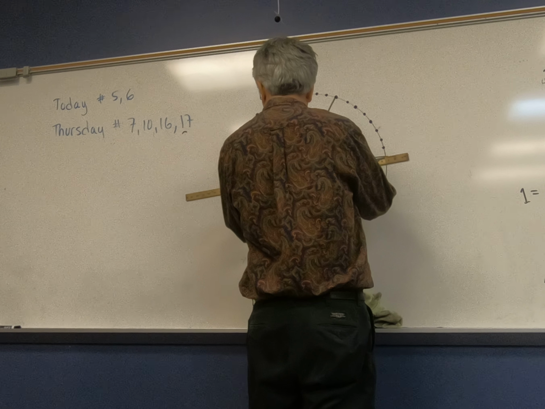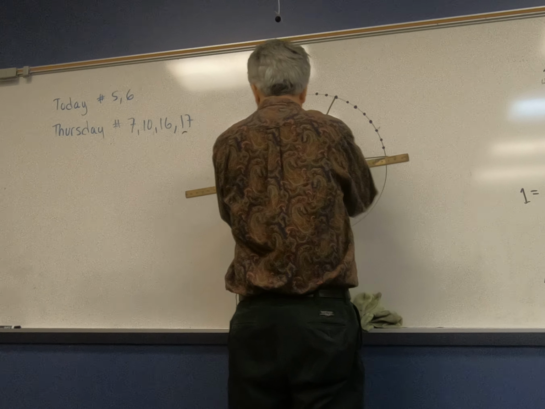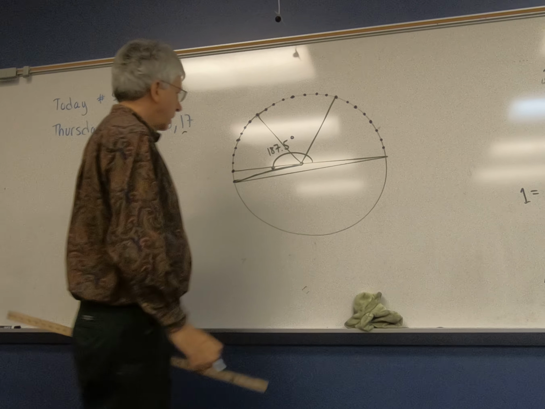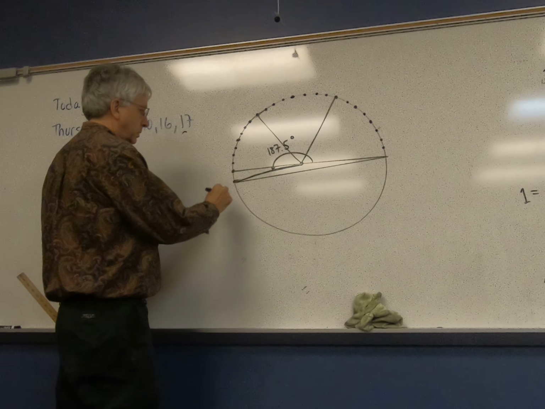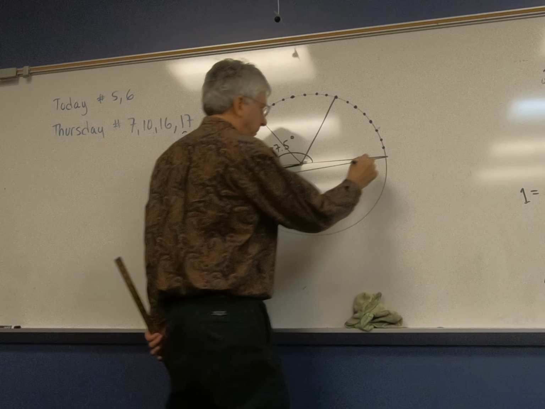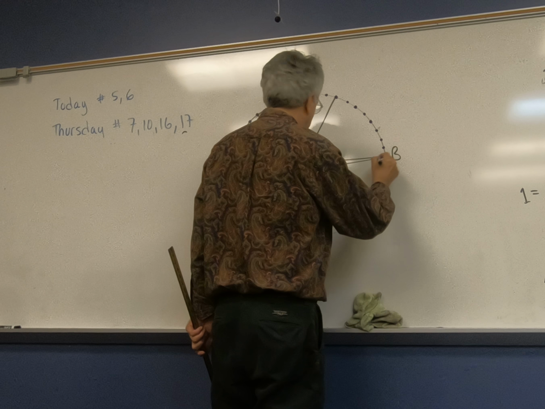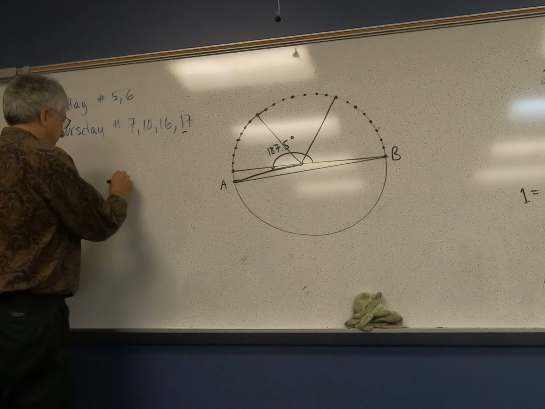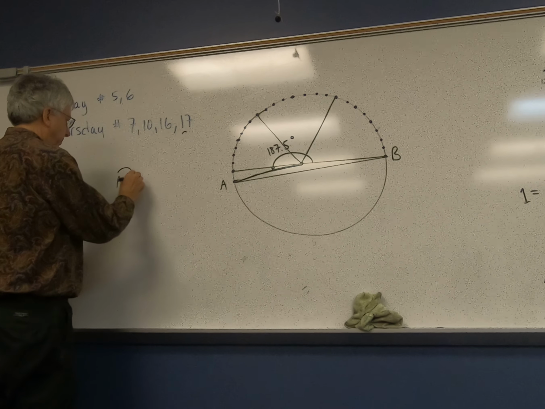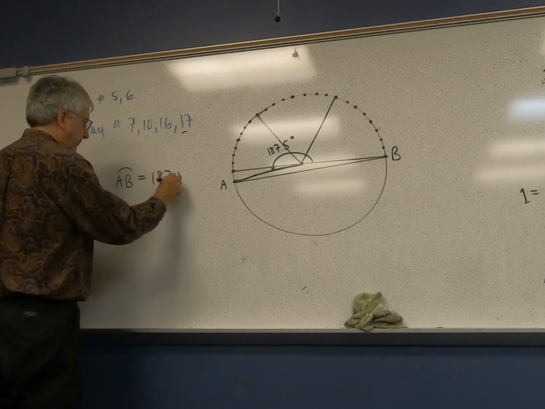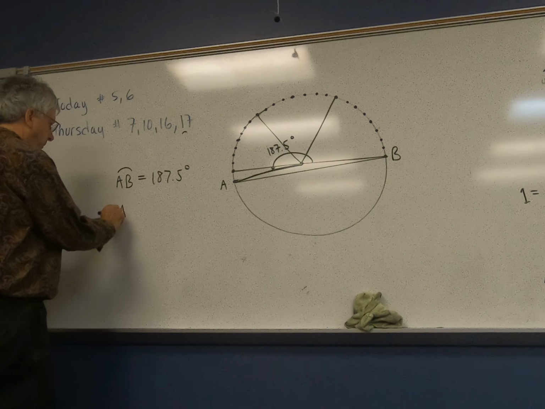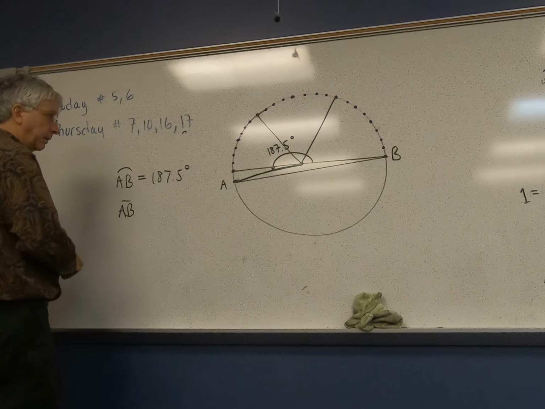It's going to be this length here, right? So if I call this AB, and I say the degree measure of AB is 187.5 degrees, so what is the degree measure of the chord AB?